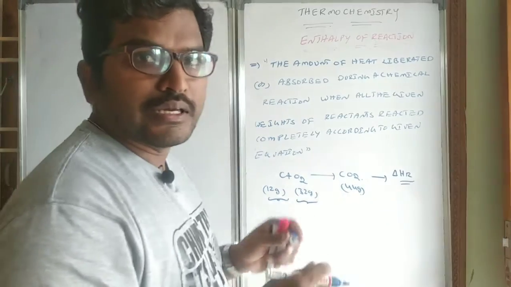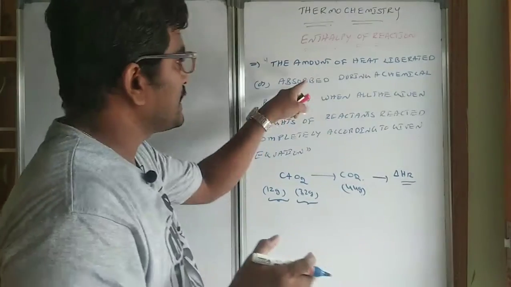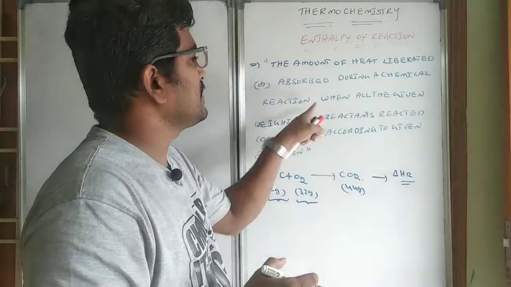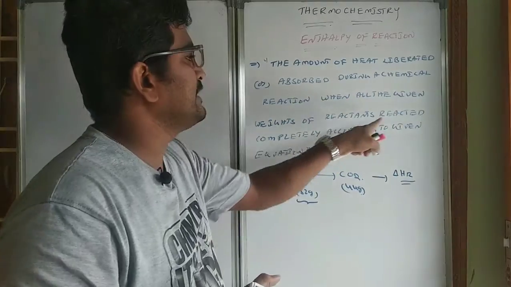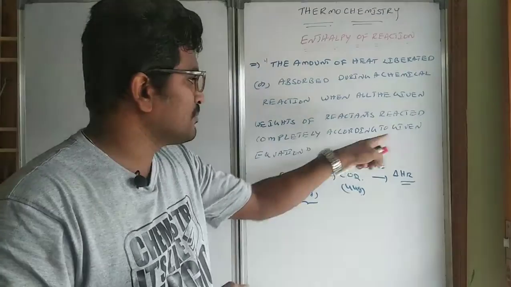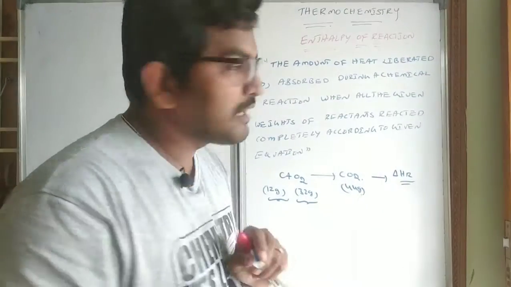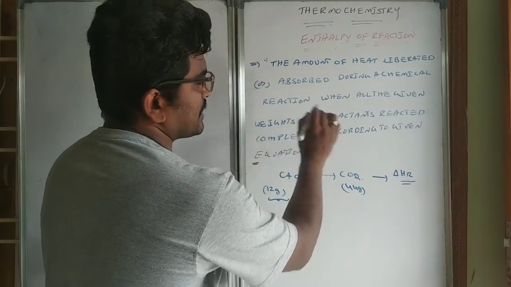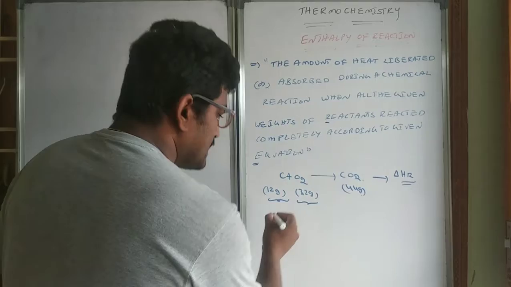So like this, the amount of heat liberated or absorbed during a chemical reaction when all the given weights of reactants reacted completely according to the given equation. This statement is important.